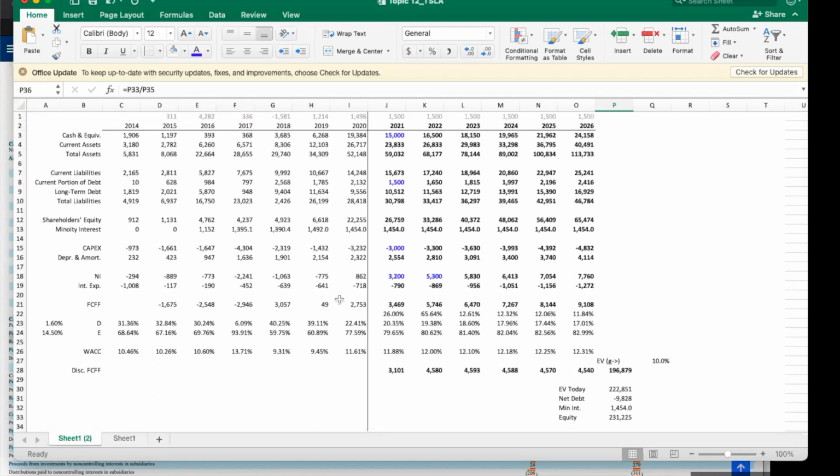And trying to understand why we add back interest expense. Well, that's because the enterprise value, the debt holders are one of the stakeholders of the firm's enterprise value. Why do we add back depreciation and amortization? Because it's not a cash flow, it's a non-cash charge. Why do we incorporate CapEx?